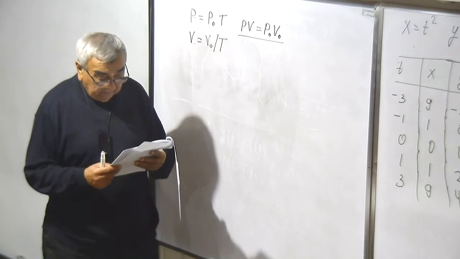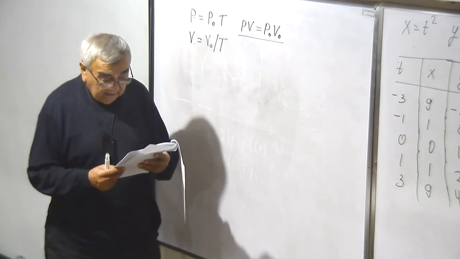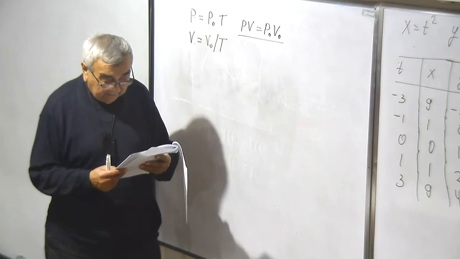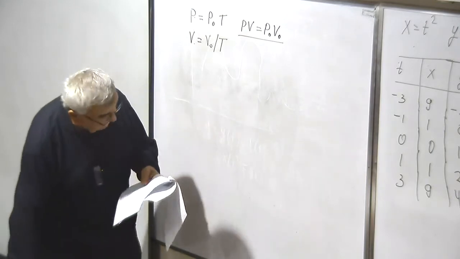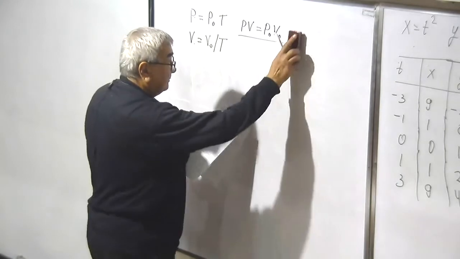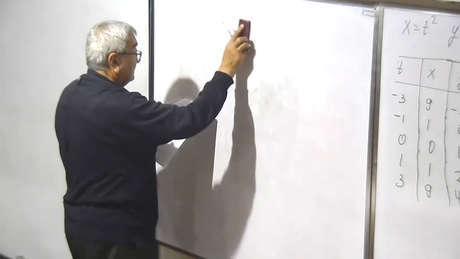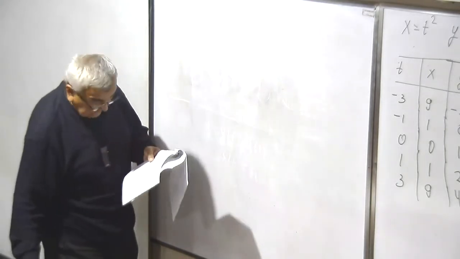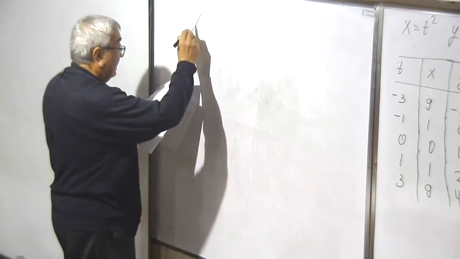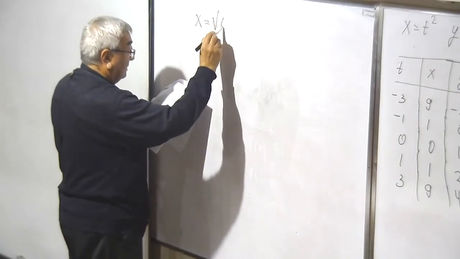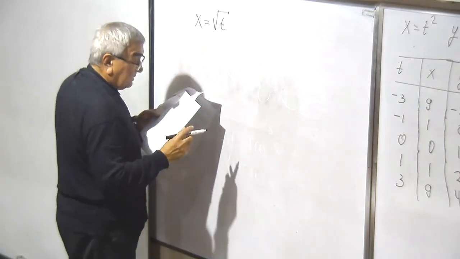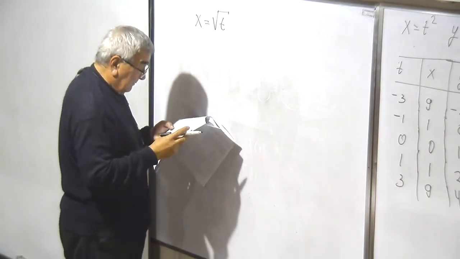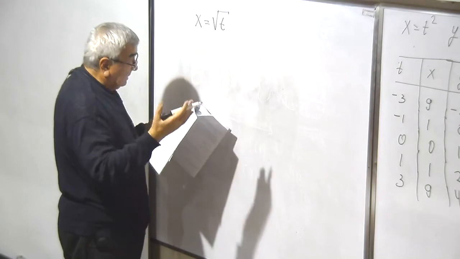Example 4. The position P(x, y) of a particle moving in the xy plane is given by the equations and parametric intervals. x equals the square root of t. Again, I repeat once more, t is a time, because we consider the motion.